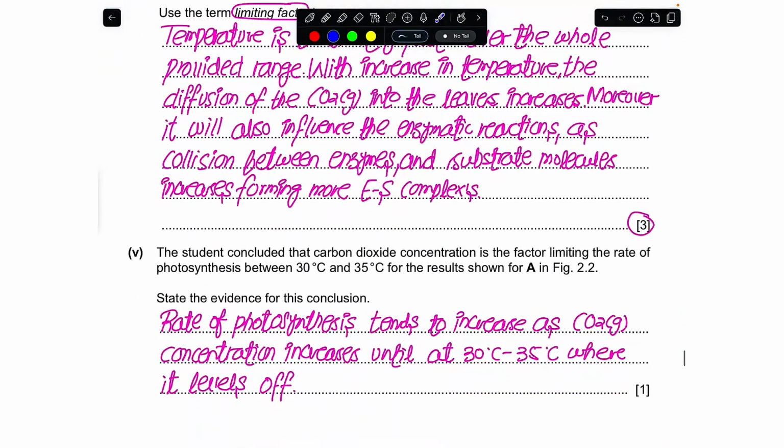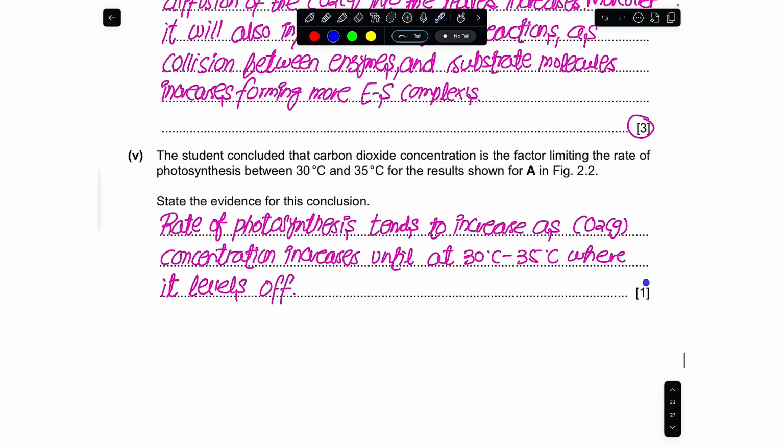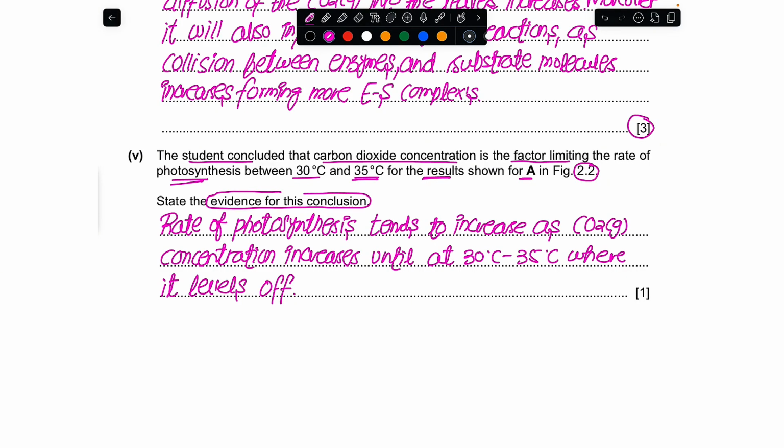Now, moving onward, for 1 mark, they are saying that the student concluded that the carbon dioxide concentration is the factor limiting the rate of photosynthesis between 30 and 35 degrees centigrade for the results shown for A in figure 2.2. And you are required to provide the evidence for this conclusion.